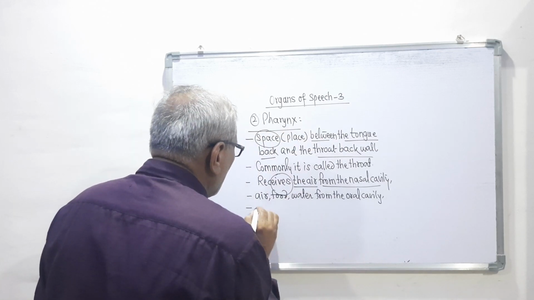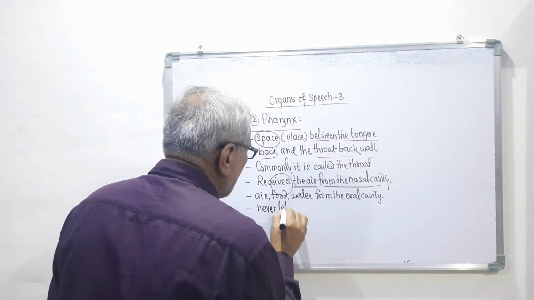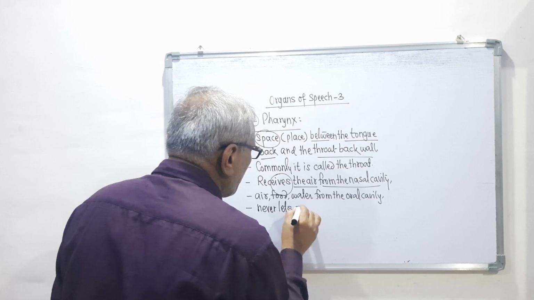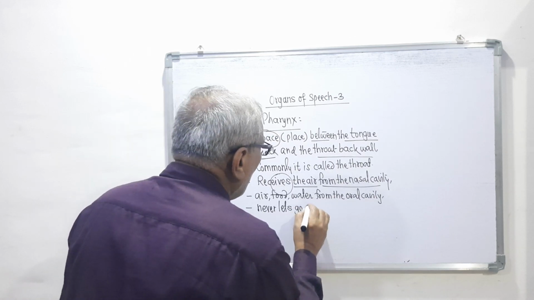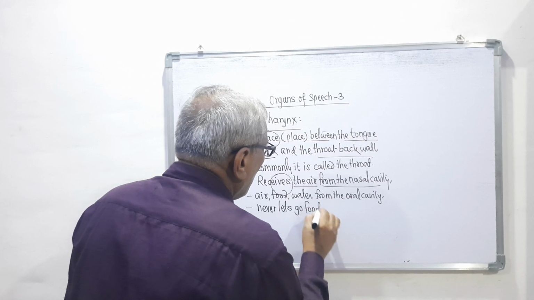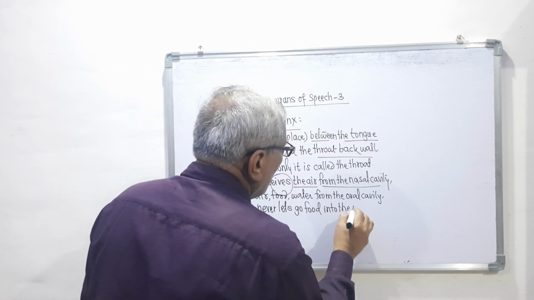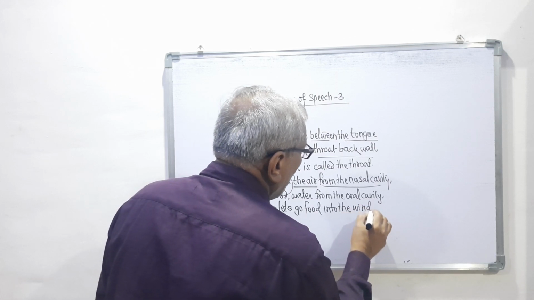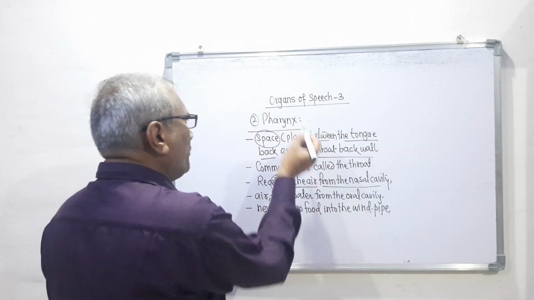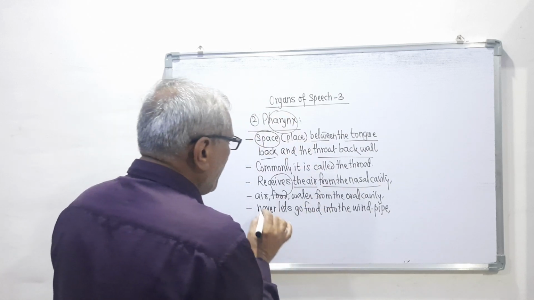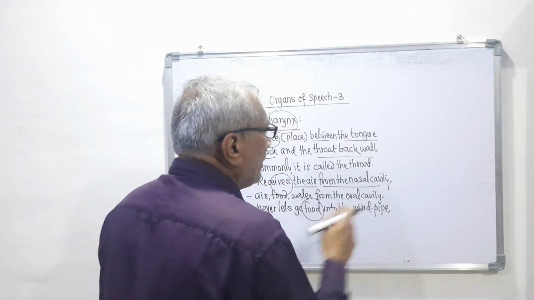Next, this pharynx never lets food go into the windpipe. What is the explanation? Because of this pharynx, the food does not go into the windpipe.